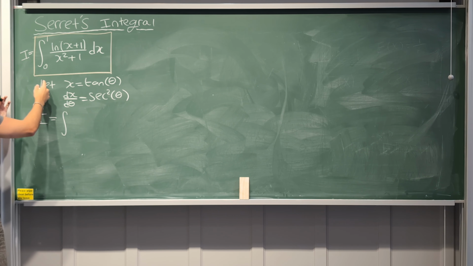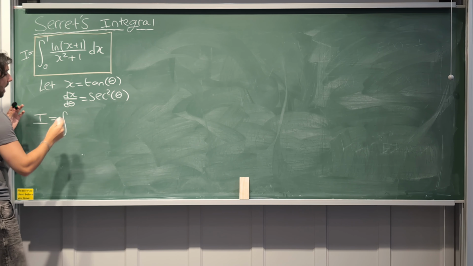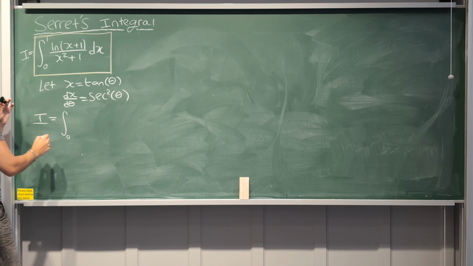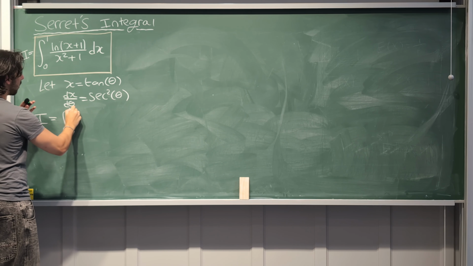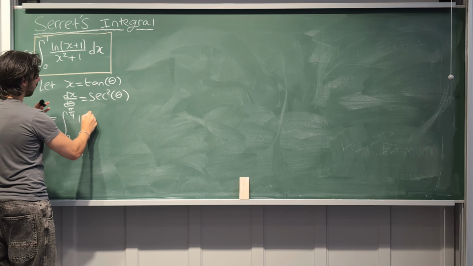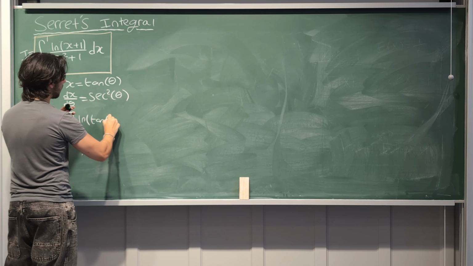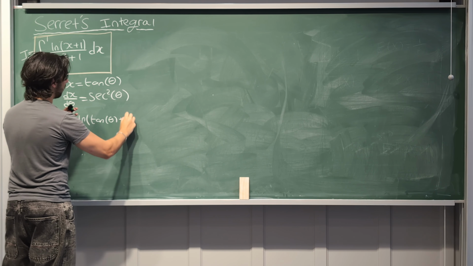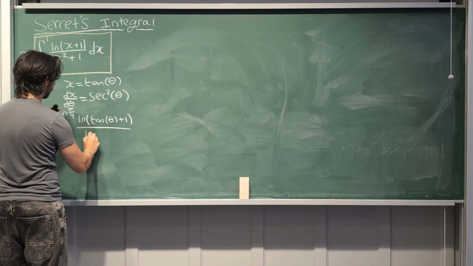When x is 0, we've got 0 equals tan theta, so theta is 0. When x is 1, we've got 1 equals tan theta, which gives pi over 4 for theta. Then we've got the natural log of x, which is tan theta, plus 1, close bracket, divided by tan squared plus 1.